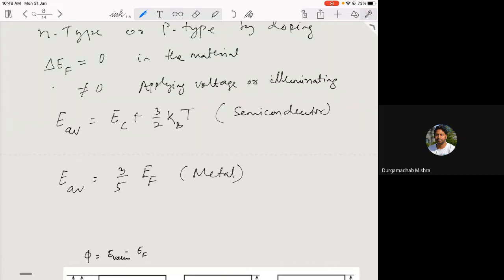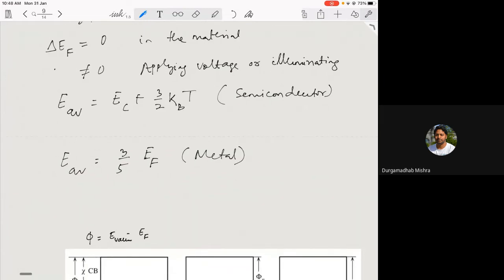That means the electrons in the conduction band don't follow Pauli's exclusion principle.